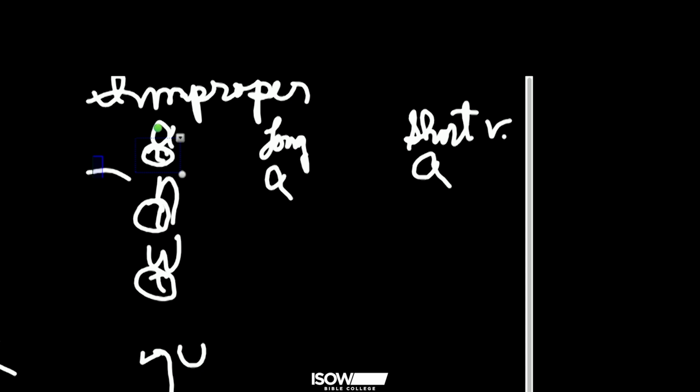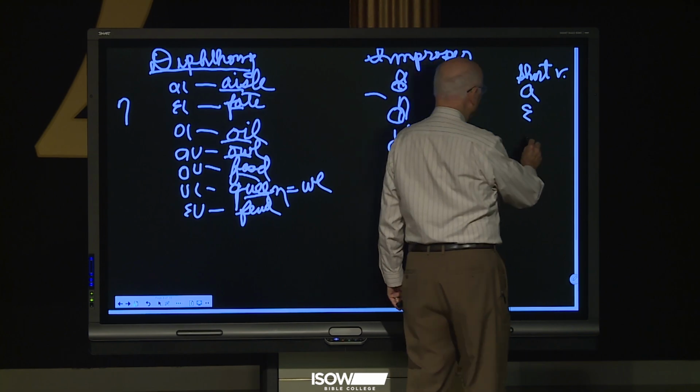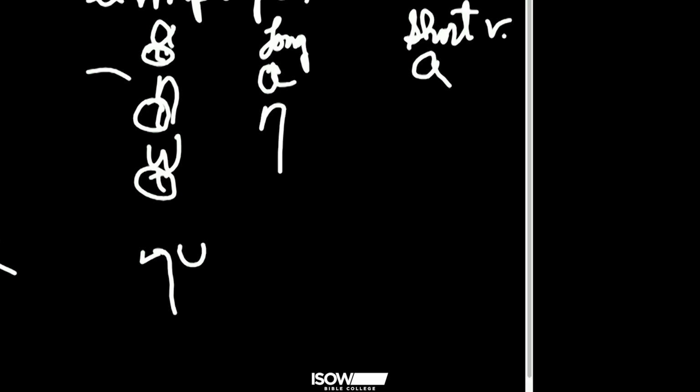The eta is the long E sound, and the short is epsilon. And then the omicron is short, the omega is the long. The iota can be either long or short. And the upsilon can be long or short.